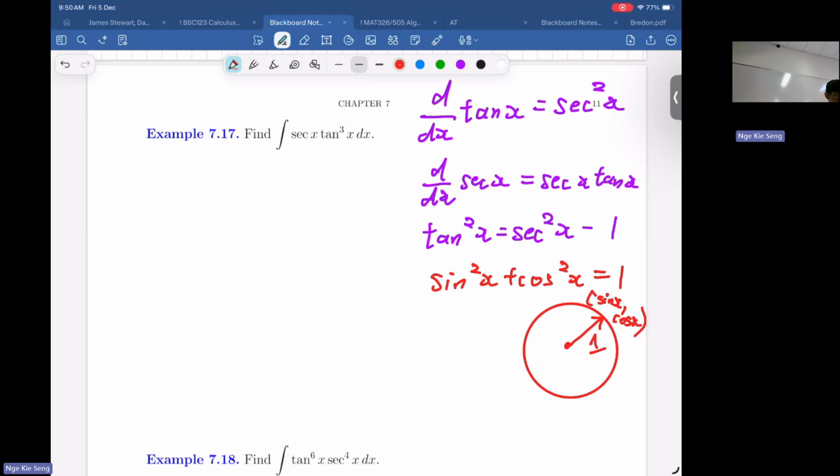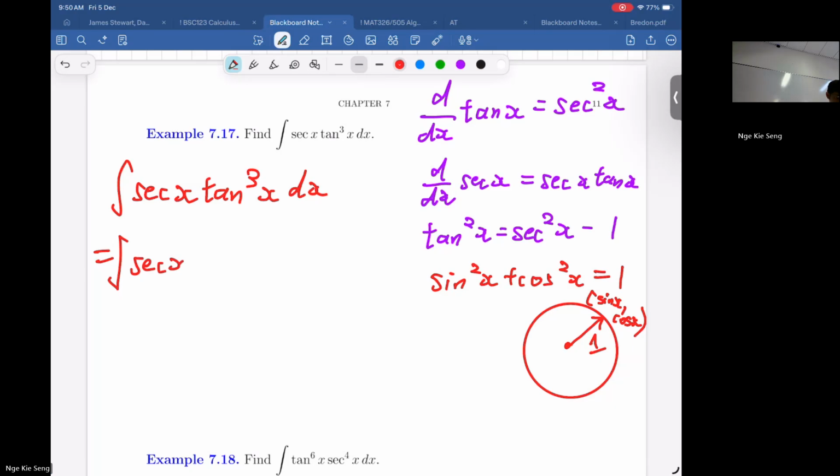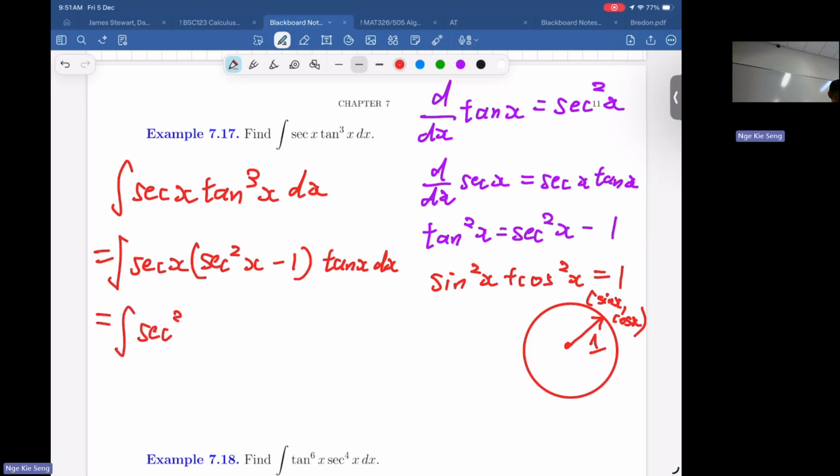So in this case, you are trying to reduce the power as soon as possible, so we reduce it using the formula here: secant square x minus 1 and tangent x dx. What we get is integral of secant cube x tangent x dx plus integral of tangent x dx.